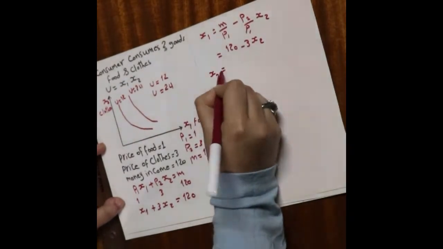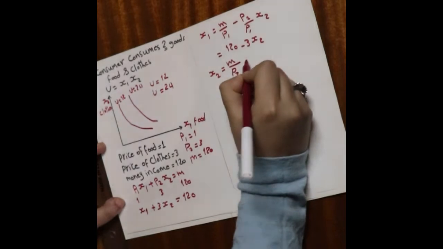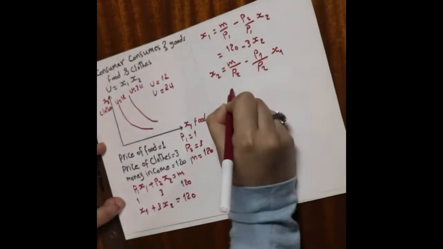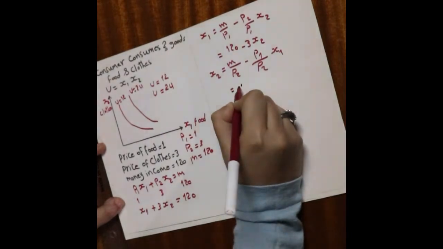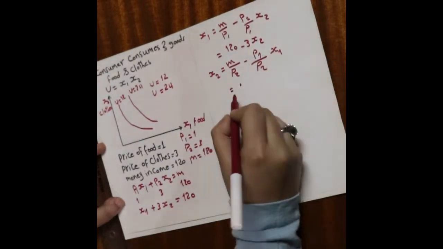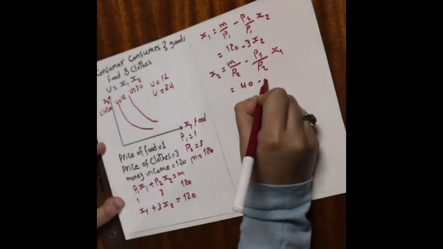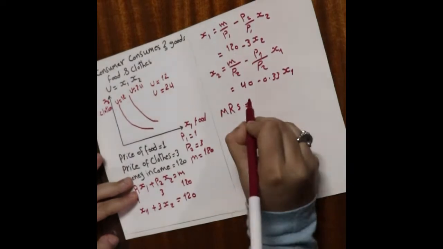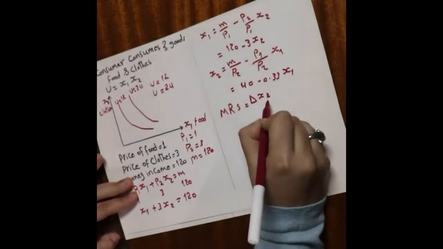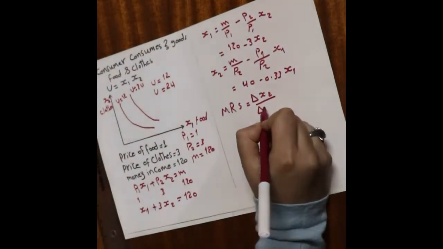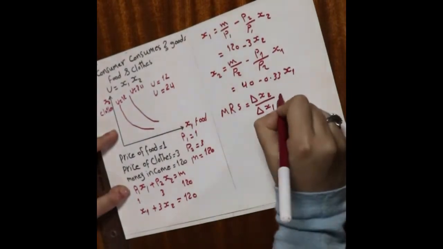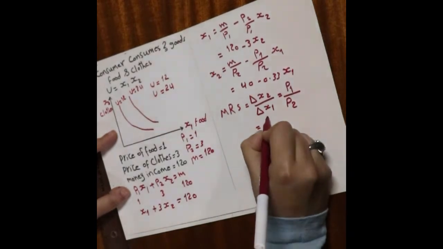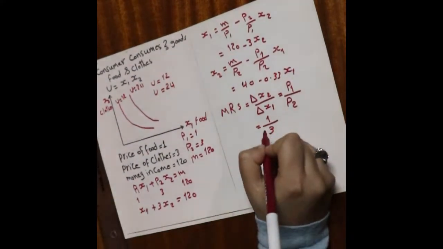And second one, x2 equal M over B2 minus B1 over B2 multiplied by x1 equal 40 minus 0.33x1. Marginal rate of substitution here equal change in x2 over change in x1 equal price of good 1 over price of good 2 equal 1 over 3.